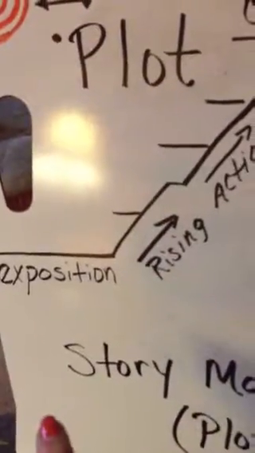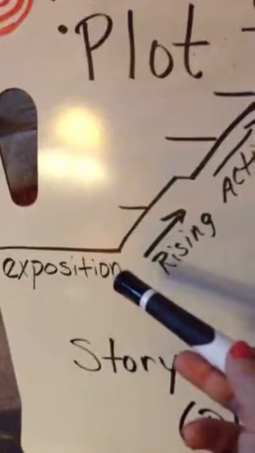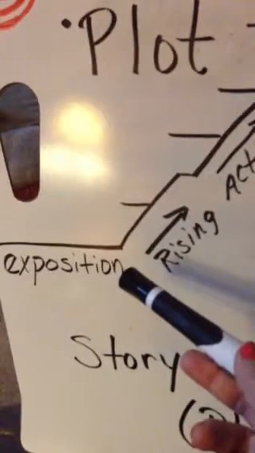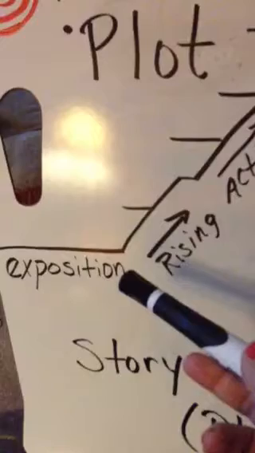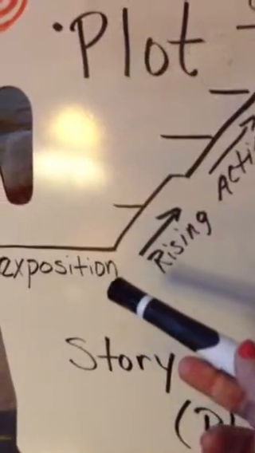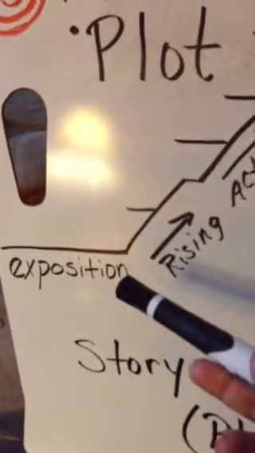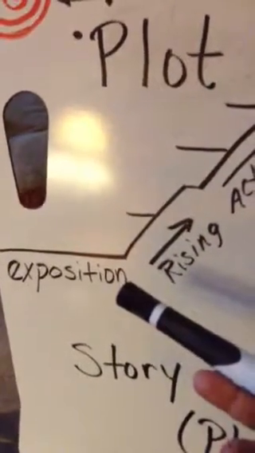In the exposition, we learned that our main character is Jessie Kaiser. She's the girl in the story that Ma is sending out on this dangerous mission. We also learned that the story takes place, it looks like, in the 1840s, in a small town called Clifton Village.